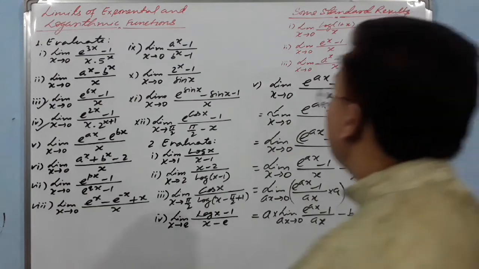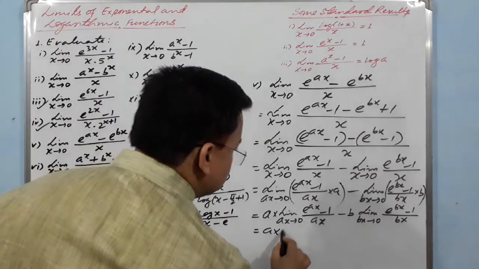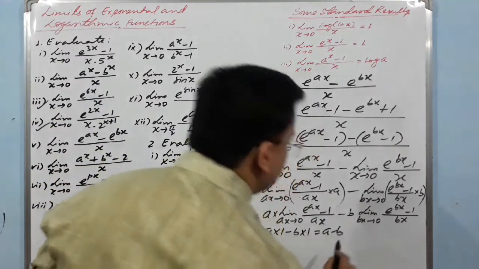Now it is very easy: a times 1 minus b times 1 is equal to a minus b.